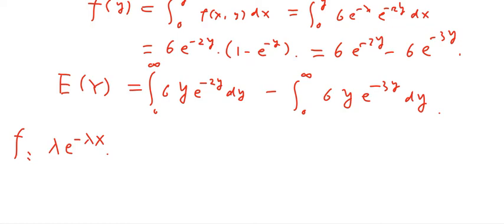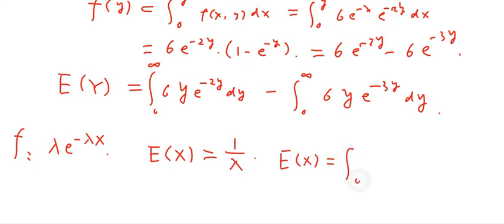For this exponential distribution, we have E[X] equals 1 over lambda. So what is E[X]? It is the integral of x lambda e^(-lambda x) dx. So this integration is 1 over lambda.